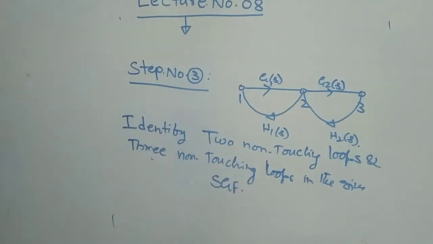Two non-touching loops means there must be two loops which should not touch each other. That is the meaning of this.